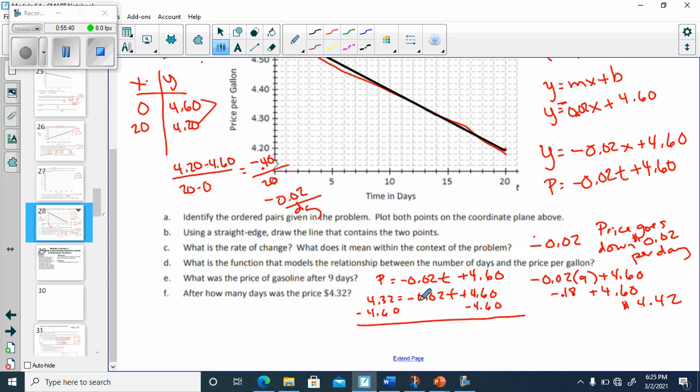When I subtract that from each side, I wind up with negative 0.28 is equal to negative 0.02T. So I've got to divide both sides by negative 0.02. And that would give me the number of days before it is 432.